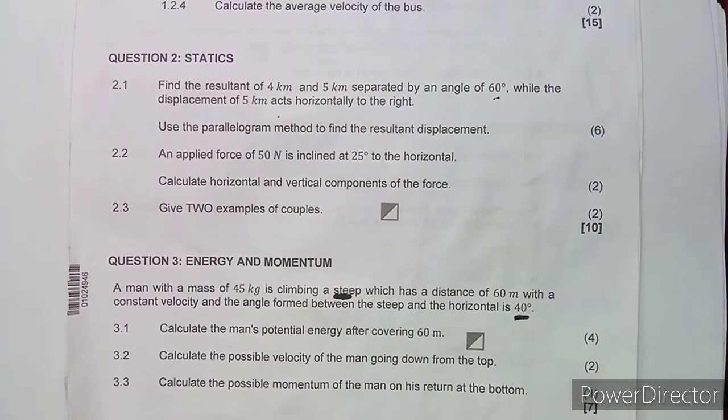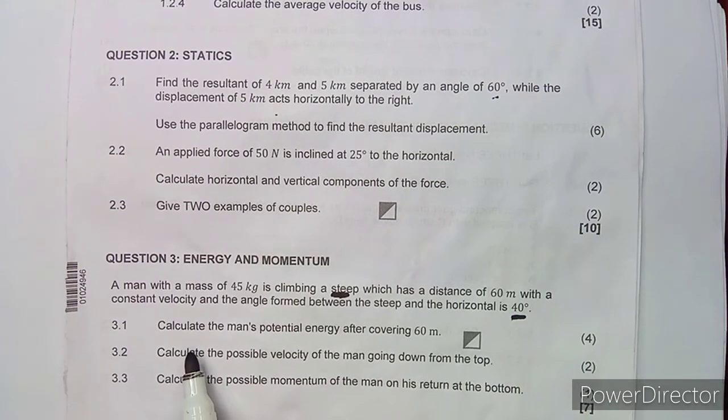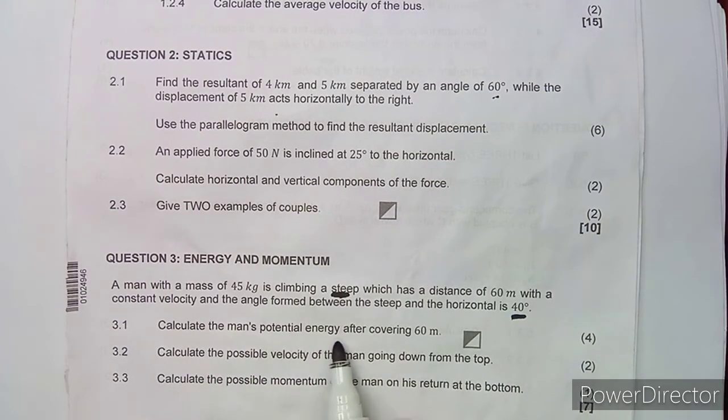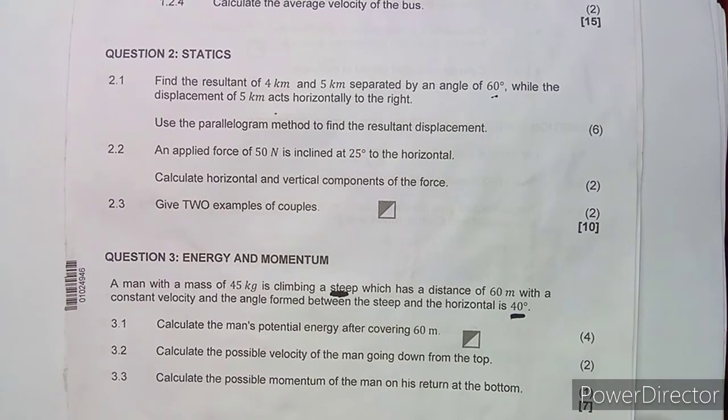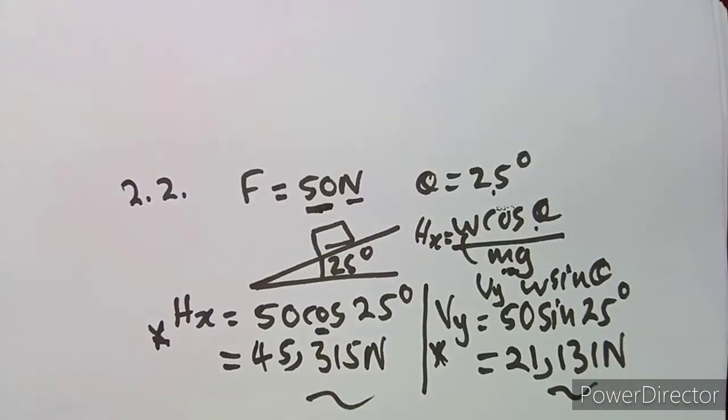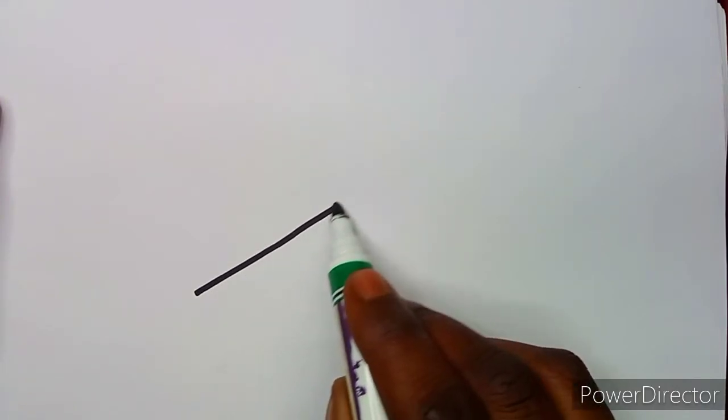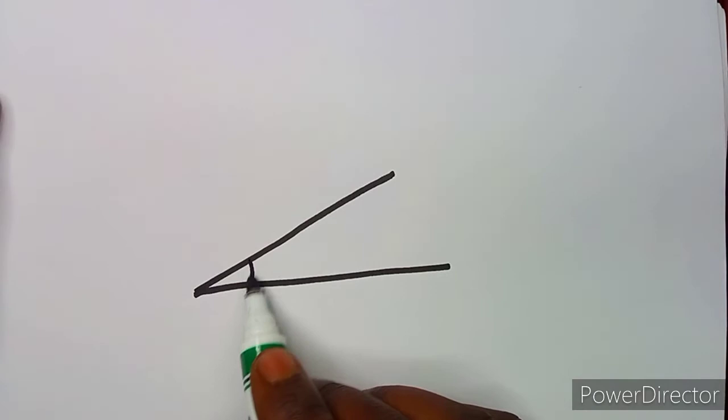So let's just draw the diagram. The question is asking us to calculate the man's potential energy after covering 60 meters. Let's see what this is supposed to look like. This is a steep, something like this, and there's an angle in between of 40 degrees.